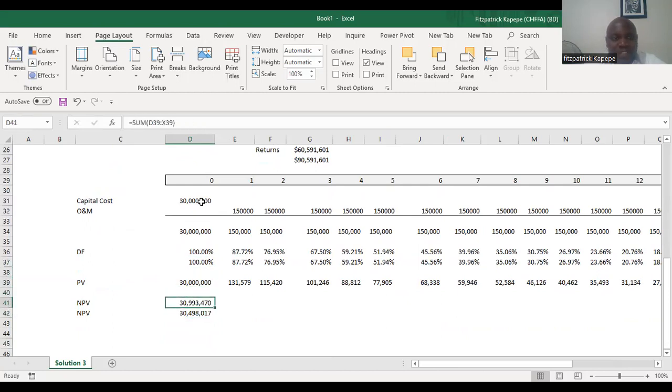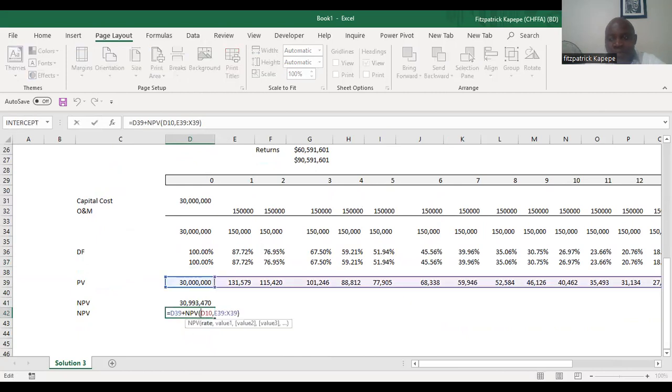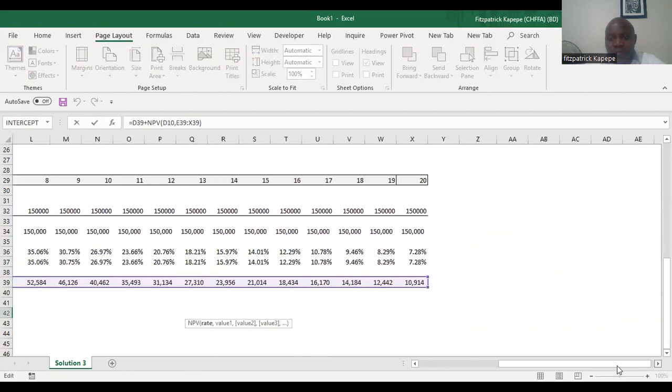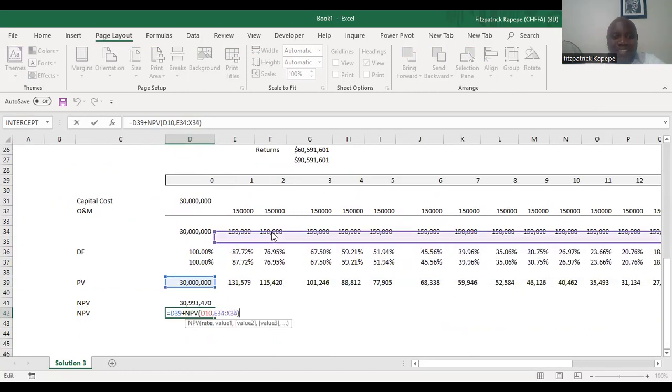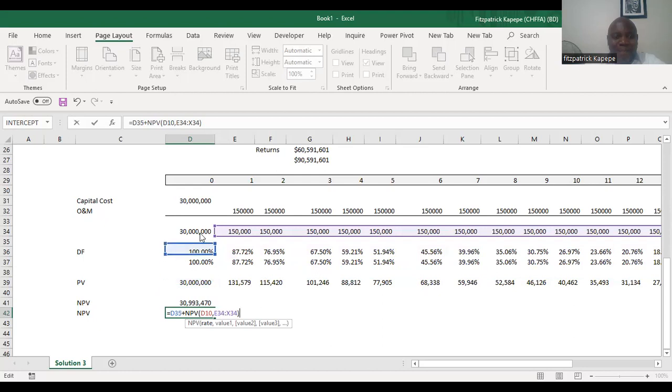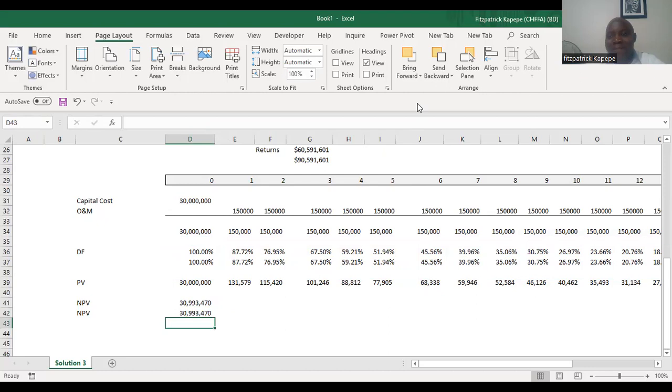Otherwise, we shouldn't have this difference. Oh, it's these numbers. Is it okay? So do that.